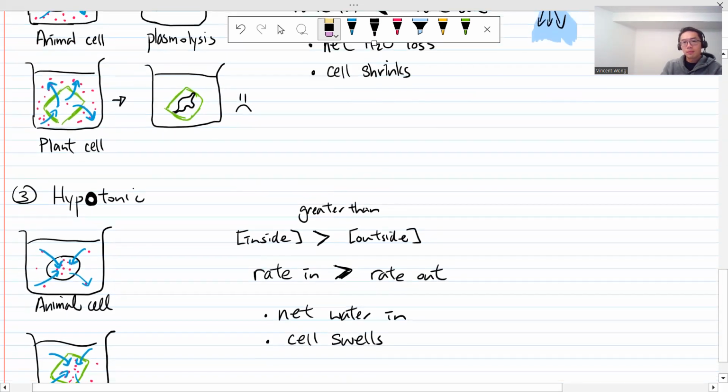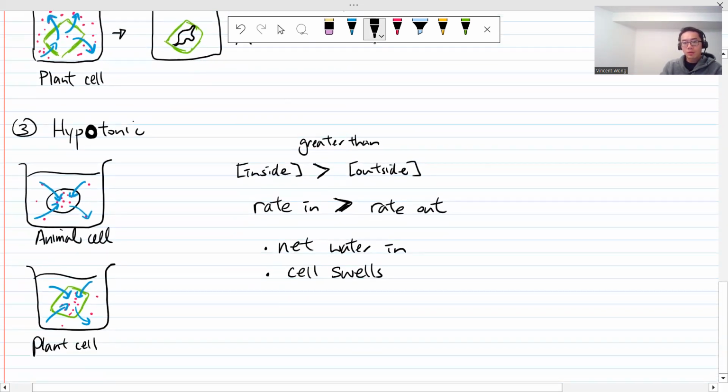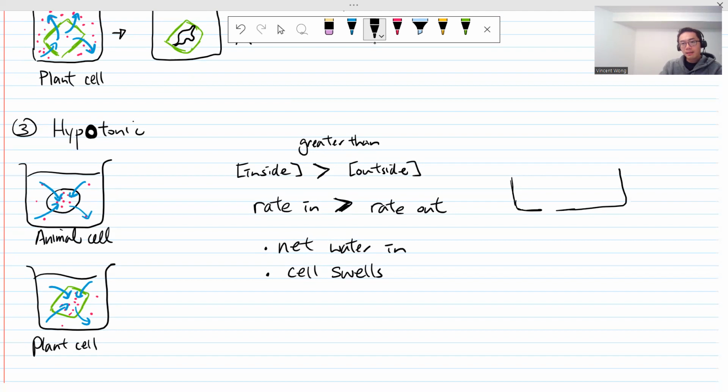Right? Before it shrinks, now it swells. Back to our basin. We're gonna turn on the tap, but we're gonna really turn on the tap, okay? Like turn it on to max, and then the water is leaving.